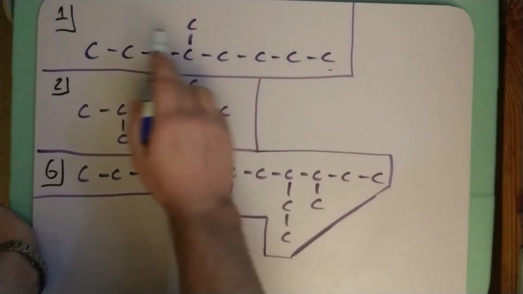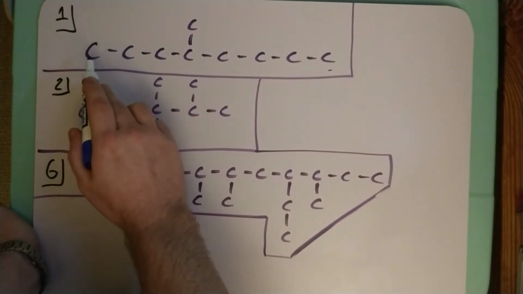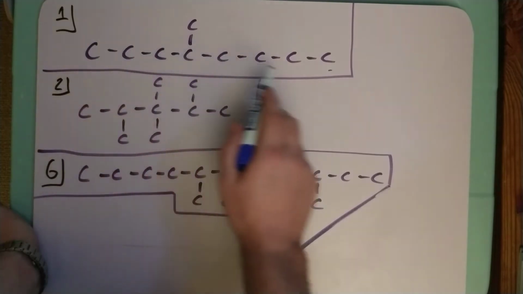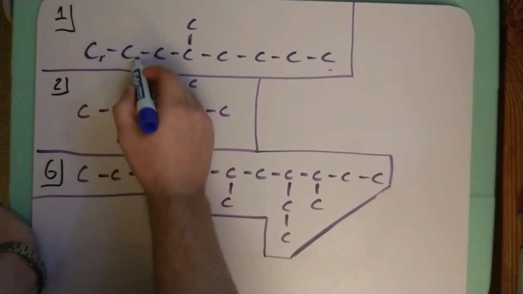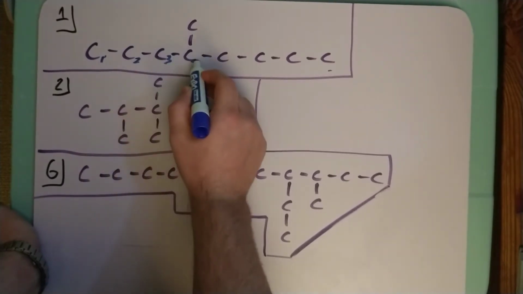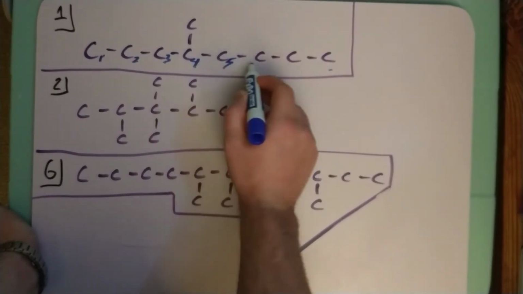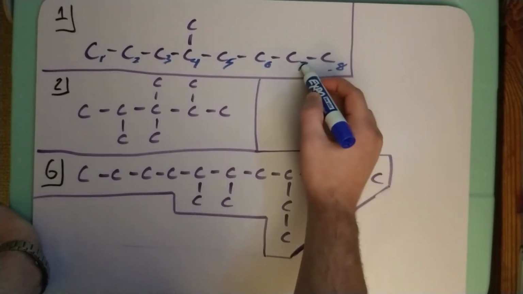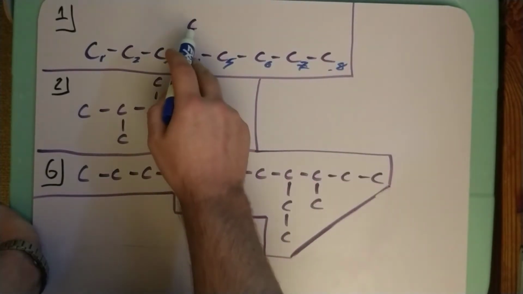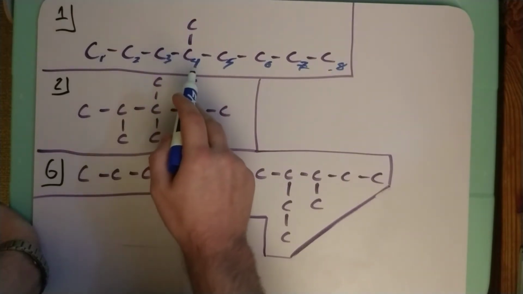So we're going to make this carbon carbon 1 and work our way up, numbering. So this is 1, 2, 3, 4, 5, 6, 7, and 8. So our branch is attached to carbon 4.